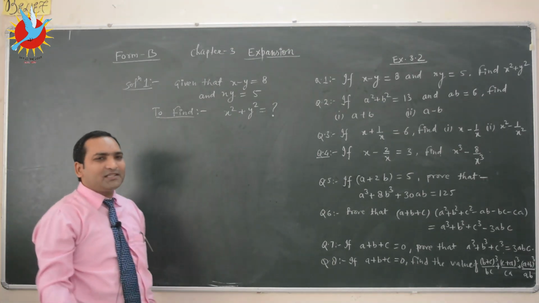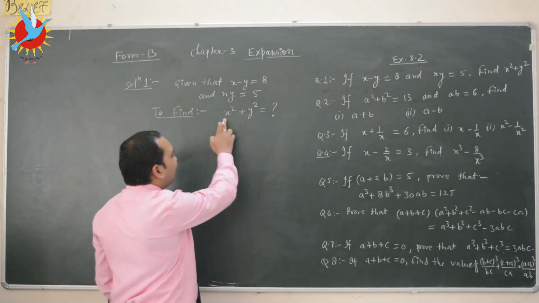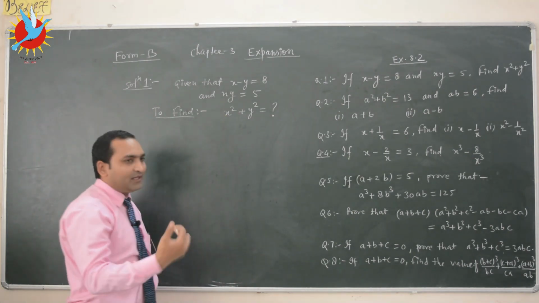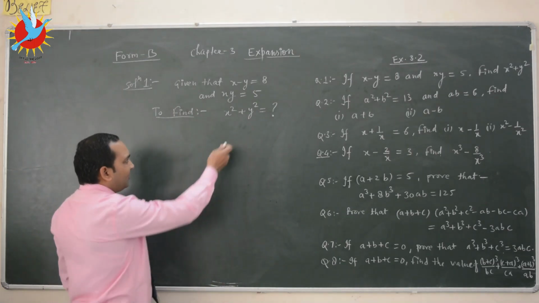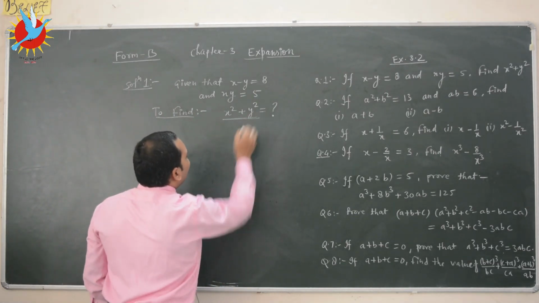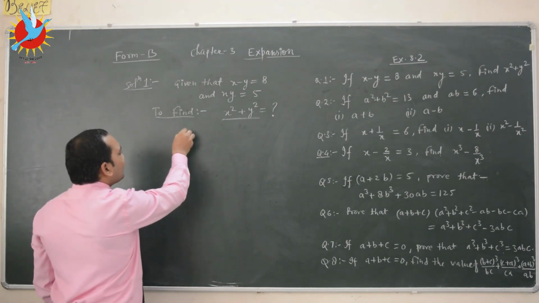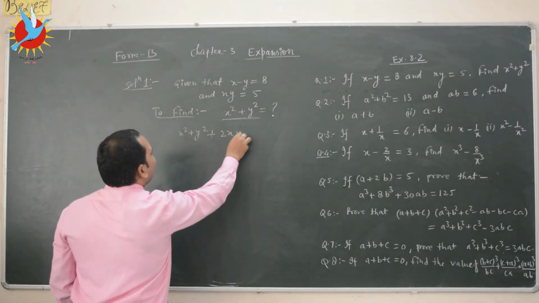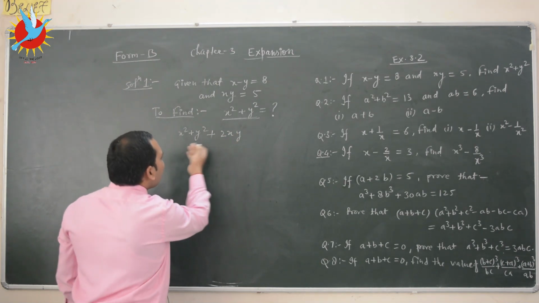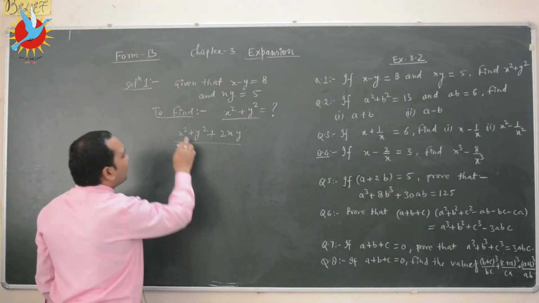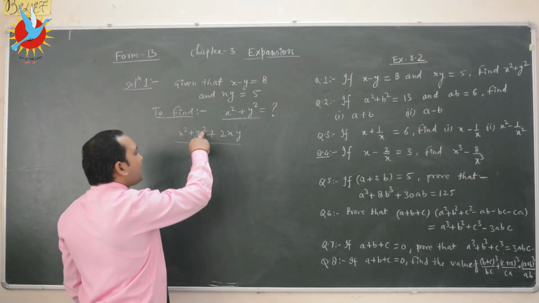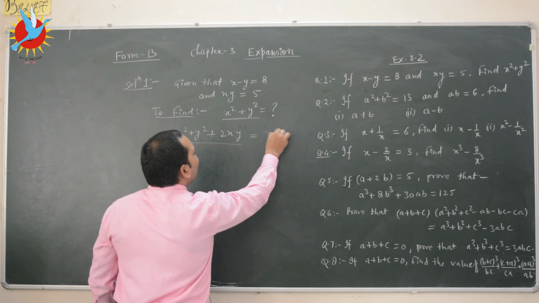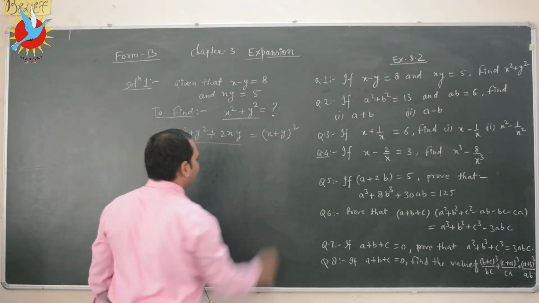So which algebraic identity do we use to find the value of x square plus y square? We think about a formula which has x square plus y square plus 2xy. What is the formula of x square plus y square plus 2xy? This is equal to x plus y whole square.